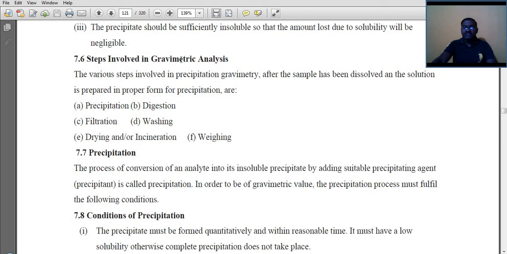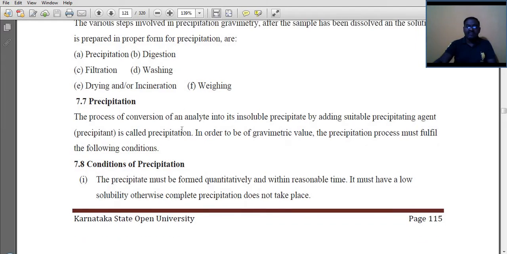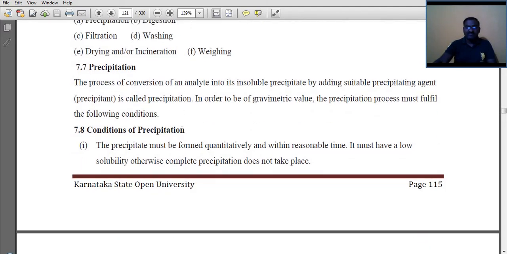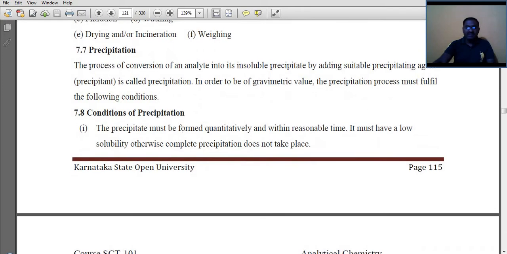What are the steps involved in gravimetric analysis? Precipitation, digestion, filtration, washing, drying or incineration, and finally weighing. These are the techniques generally adopted in gravimetric analysis.